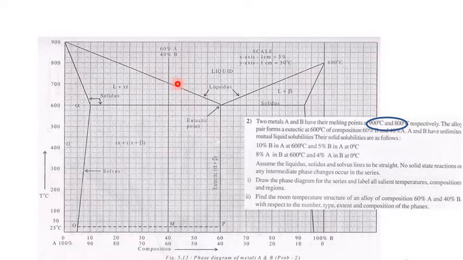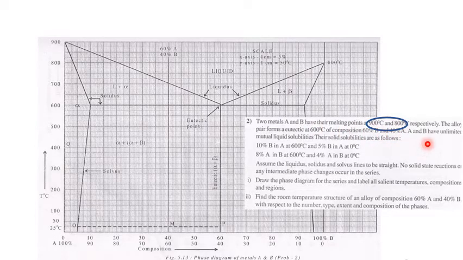So the problem says two metals A and B have melting points of 900 and 800 degrees Celsius. The alloy pair forms a eutectic at 600 degrees Celsius, with the composition of 60% B and 40% A. That is the eutectic temperature and eutectic composition.